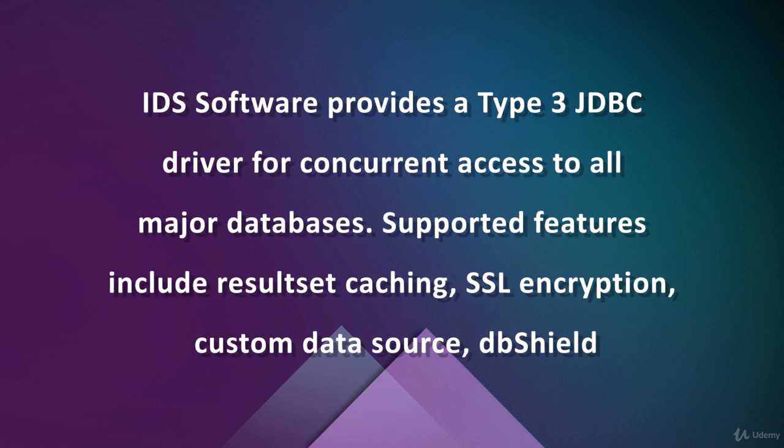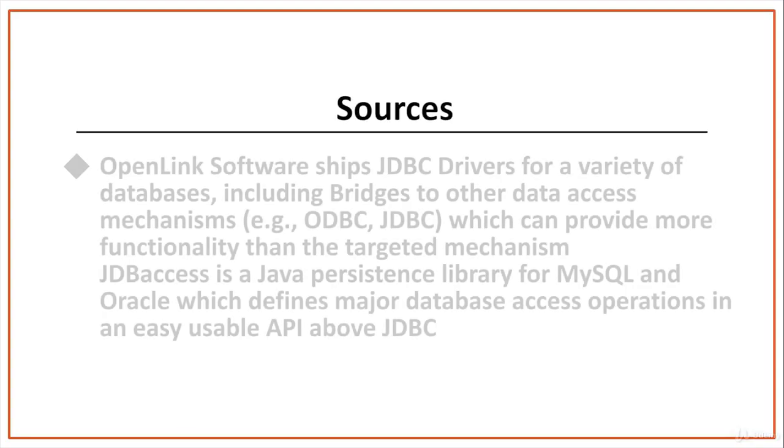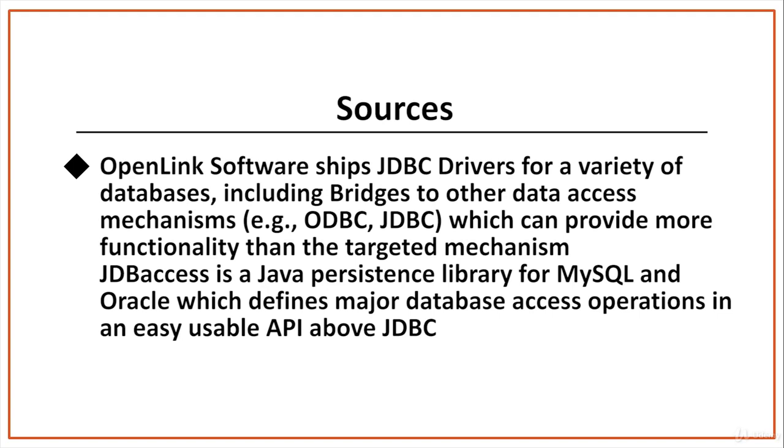Supported features include result set caching, SSL encryption, custom data source, DB Shield. OpenLink Software ships JDBC drivers for a variety of databases, including bridges to other data access mechanisms, for example ODBC, JDBC, which can provide more functionality than the targeted mechanism.